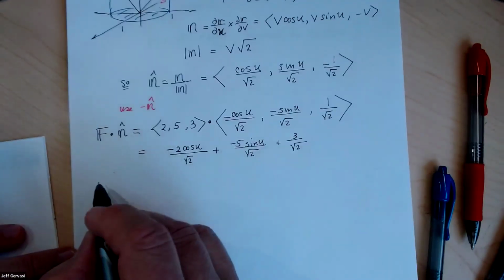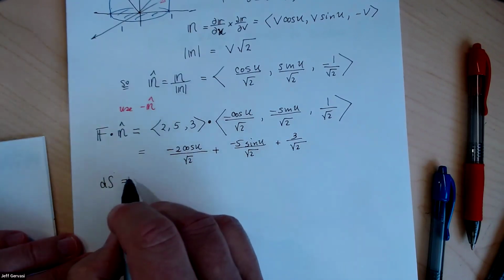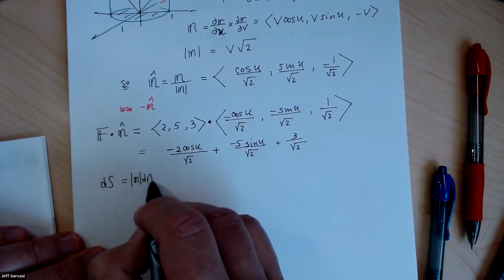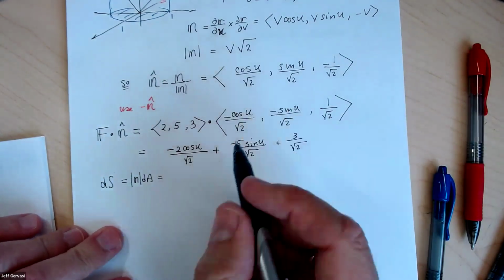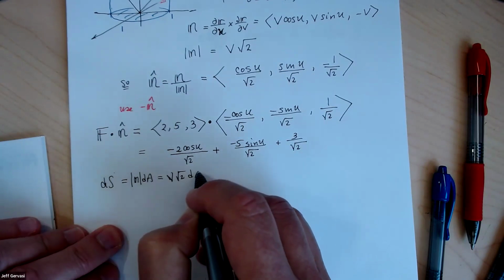Okay. Now we also need d capital S, the differential element of surface area. Okay, and this is going to equal the magnitude of n dA. Well, of course, the magnitude of n we found earlier was equal to v root 2 times dA.